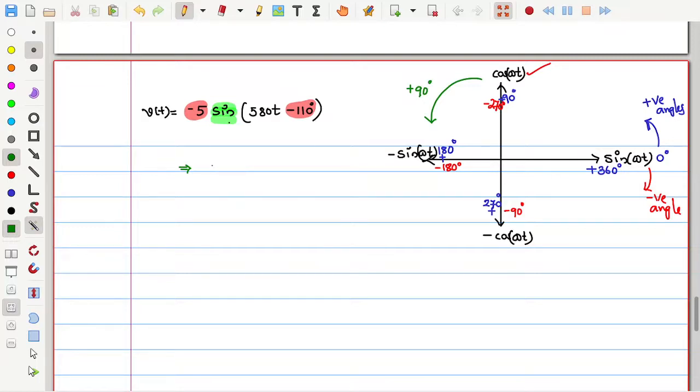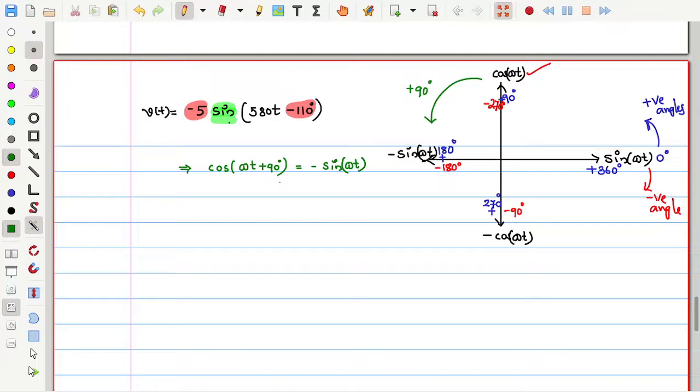What I'll do is that I'll do it in this way. Cos of omega t plus 90. How much will I get? Minus sine omega t. Okay.